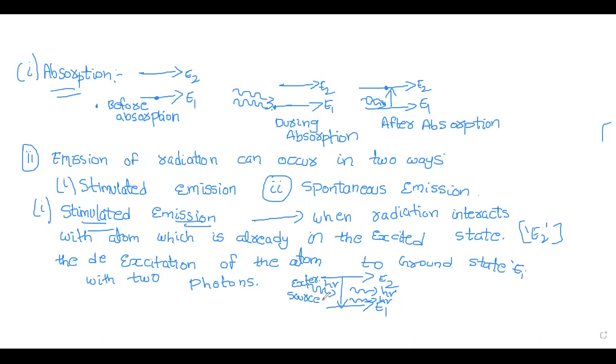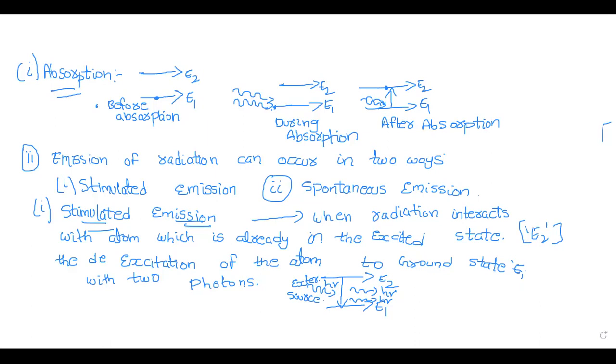While the atom is coming towards the ground state, we are exposing that atom to the external source, that is the photon having the energy h nu, where h is Planck's constant and nu is the frequency of the emitted radiation. Now, what is the output you'll get? You'll get two photons here. So this is about stimulated emission.